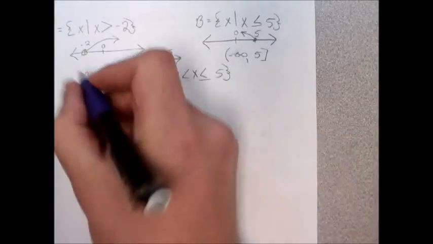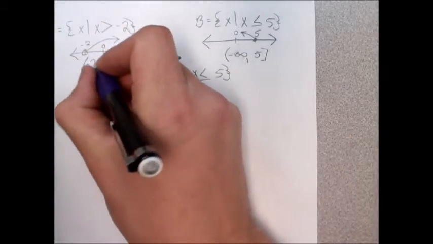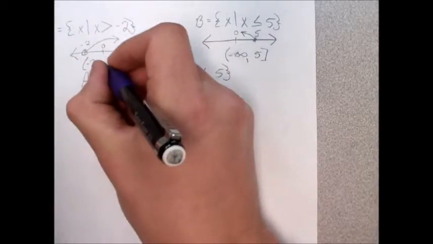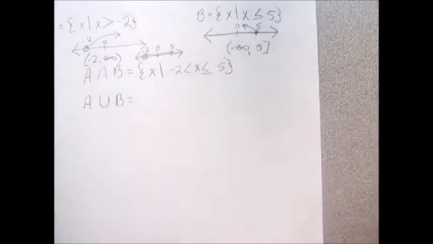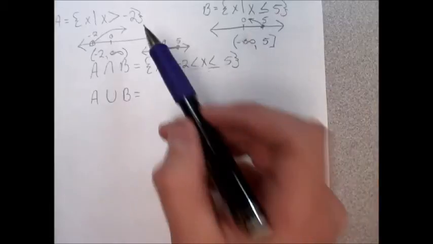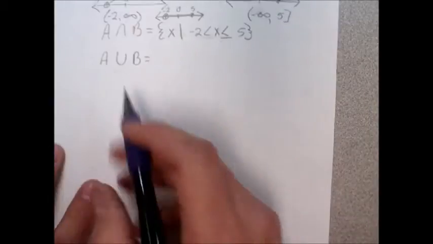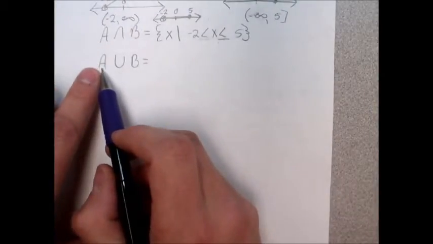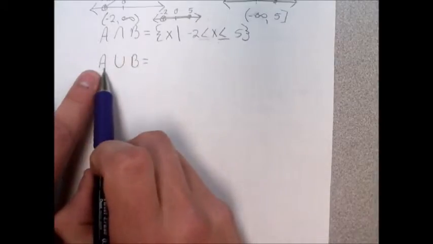And this one looks like negative 2 to positive infinity. Remember that this arrow goes all the way that way, and this arrow goes all the way that way. So now what I'm asking is, what is a solution to this set of A or B?